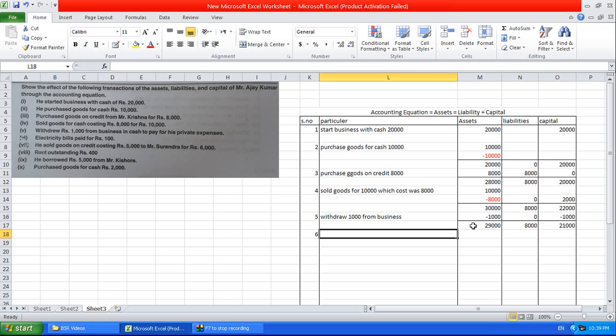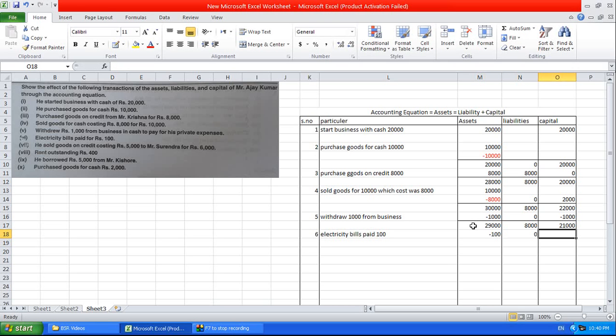The electricity bill paid for 100. Electricity bill paid. Okay, how much? 100, means 100 cash will be less. Capital also.